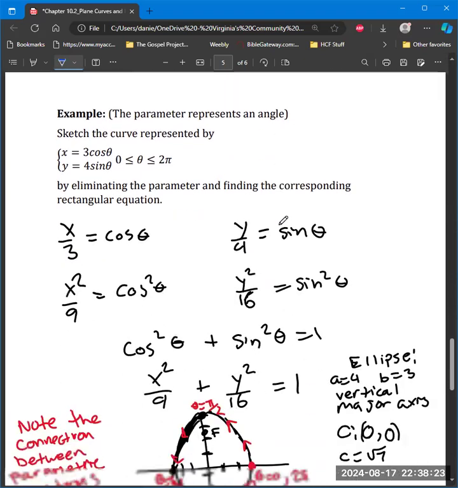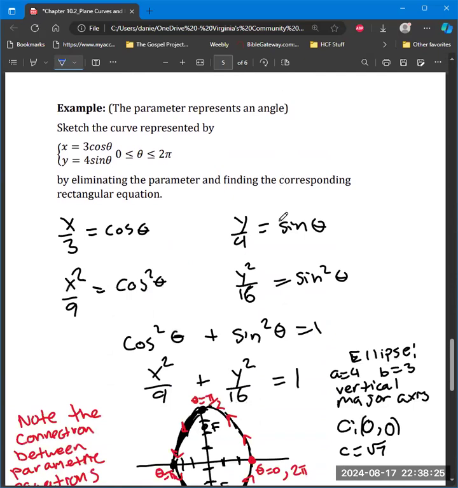All right, last example here. I think a really important one is that we can parameterize things not just with a t value, but with an angle theta. And so we'll get equations for x of theta and y of theta here.